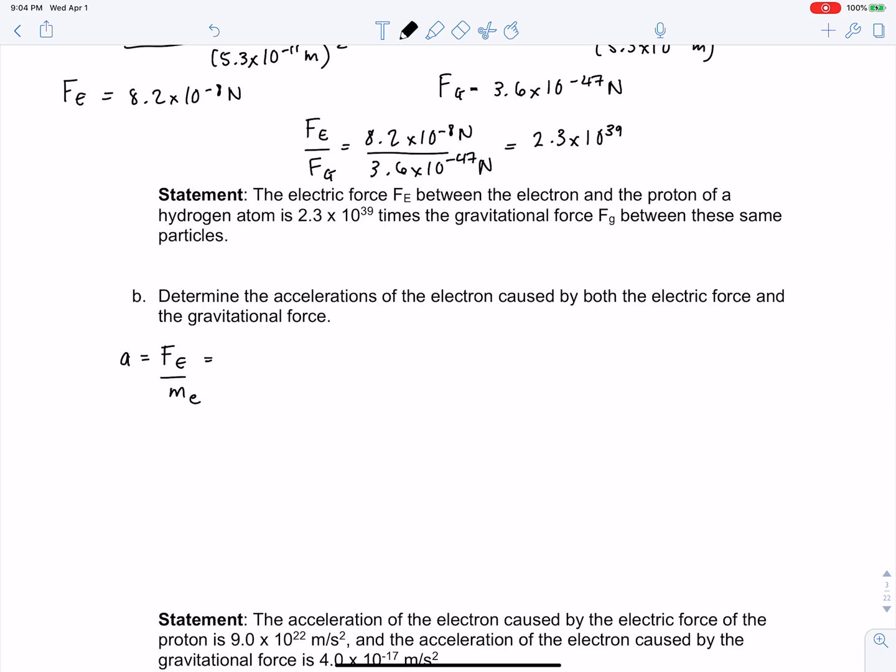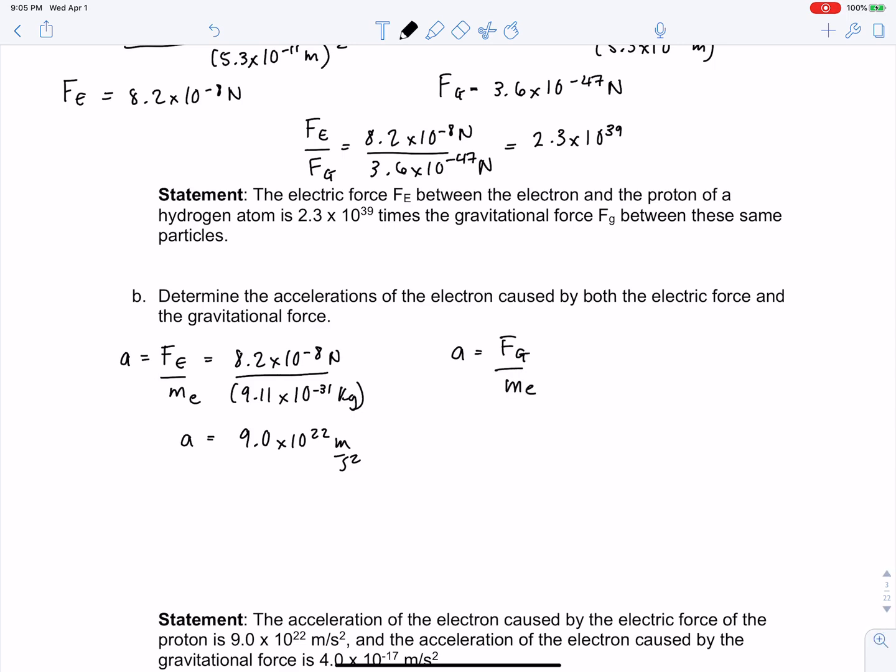We know that the electric force is 8.2 times 10 to the power of negative 8 newtons, and the mass of the electron is 9.11 times 10 to the power of negative 31 kilograms. So the acceleration caused by the electric force would be 9 times 10 to the power of 22 meters per second squared.